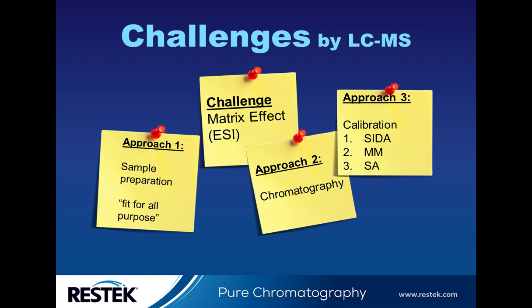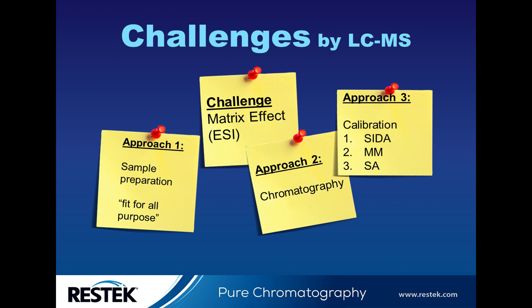One thing is there is no method that can fit all purposes. You can probably only target one analyte in one specific matrix. So in that case, it's not fit for an all-purpose or multi-class method.